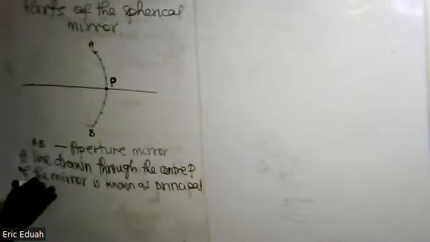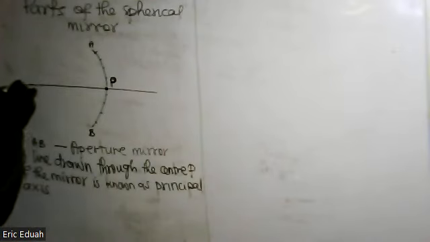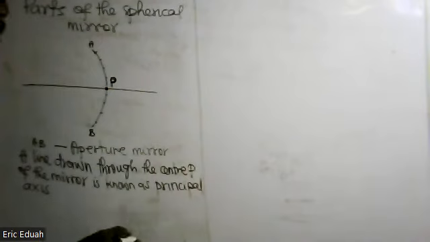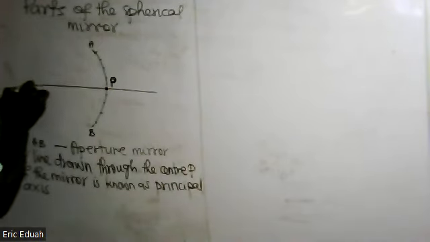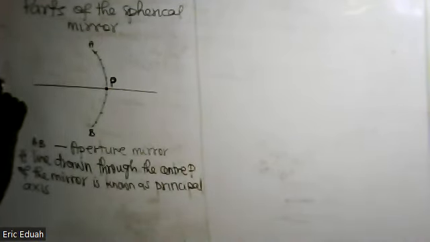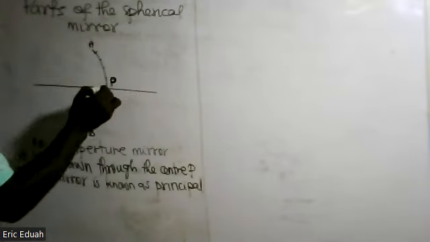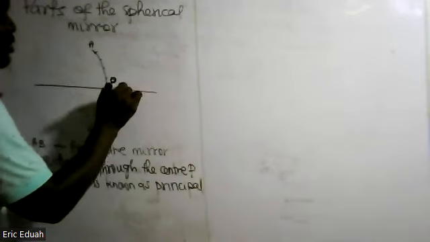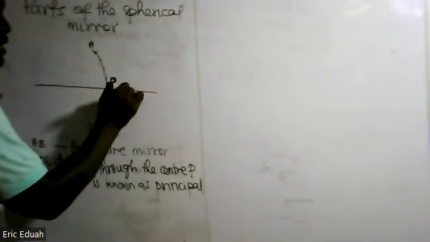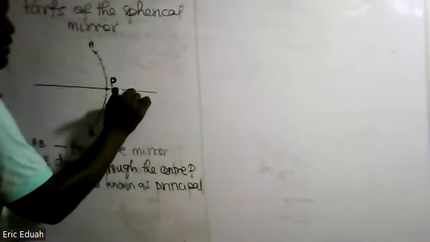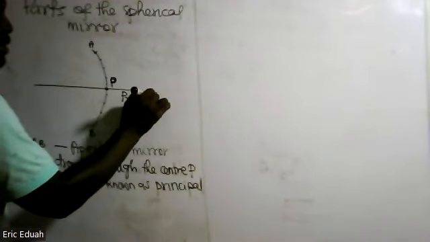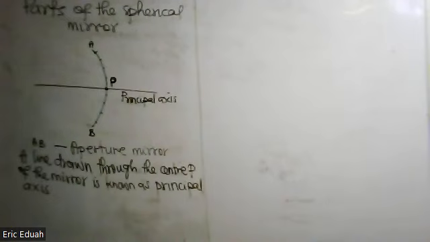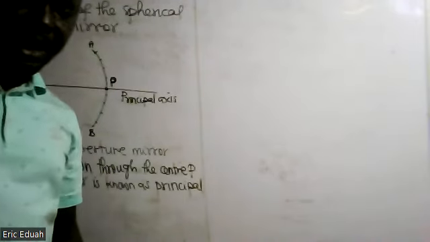So this line is known as the principal axis. The principal axis divides the mirror into two equal parts.